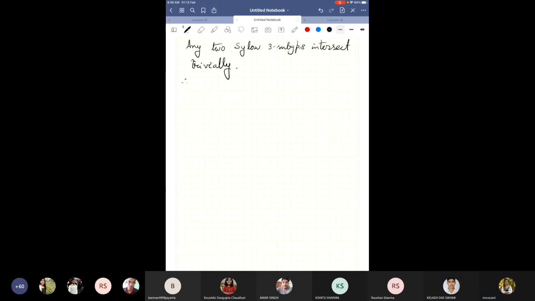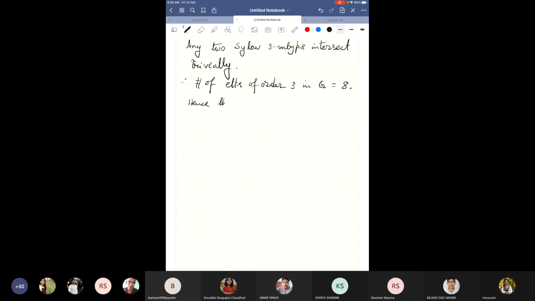Therefore, the number of elements of order 3 in G is equal to 8.